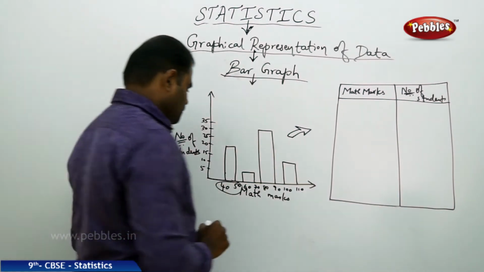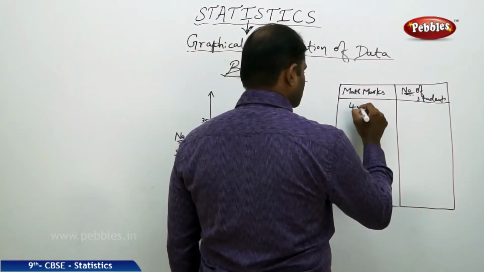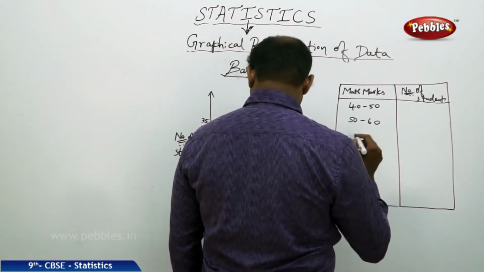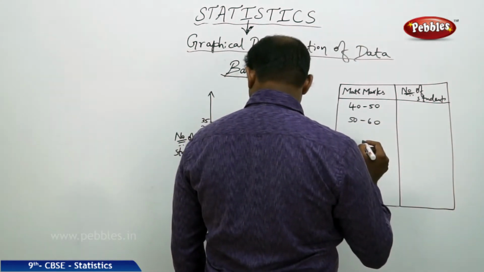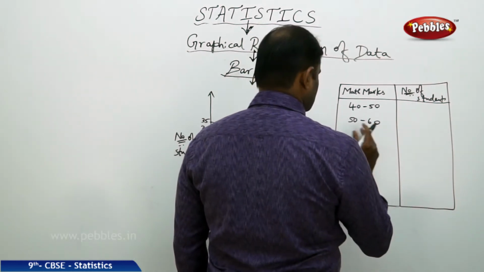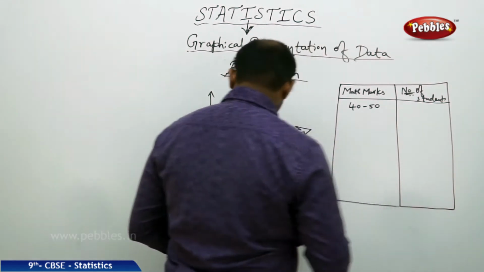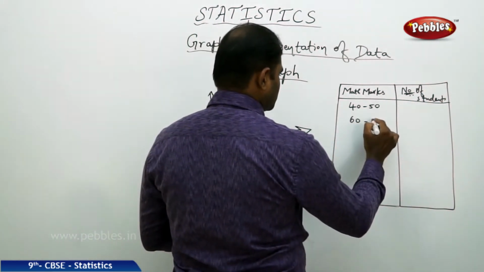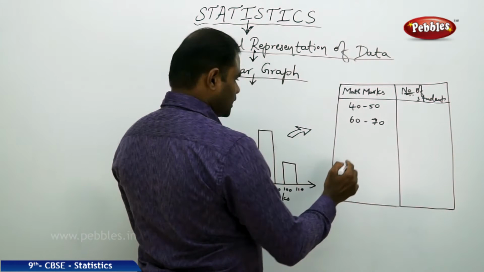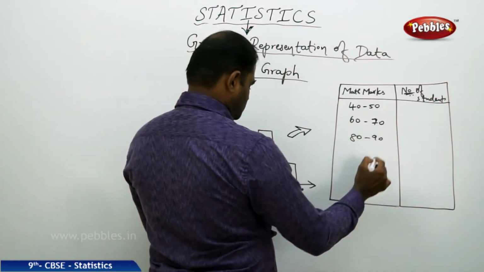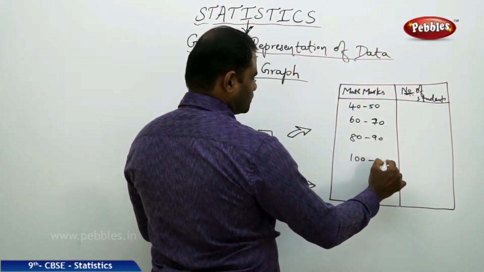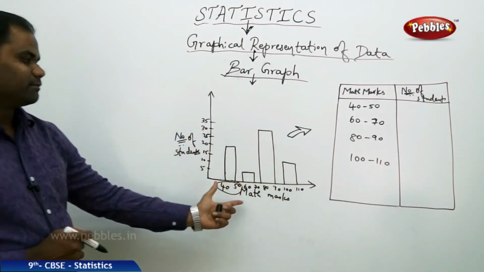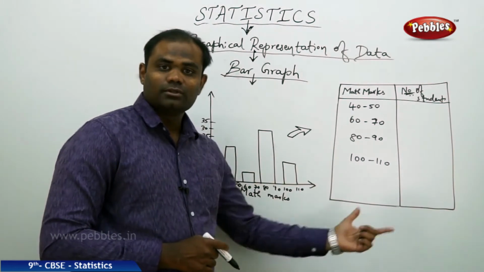Now I have this classified into 40 to 50, 50 to 60, then 60 to 70, 80 to 90 and 100 to 110. So this is an example graph which I understand through the frequency table.